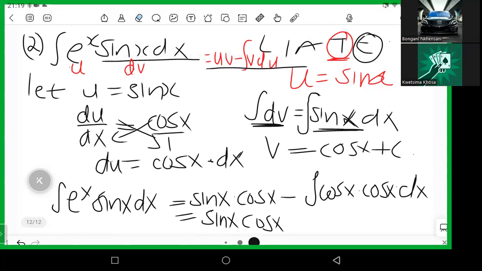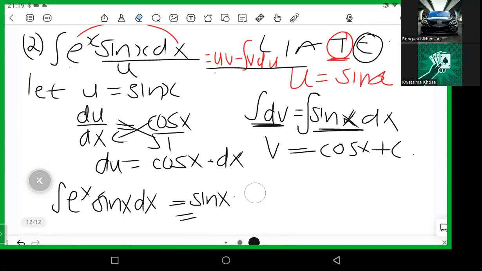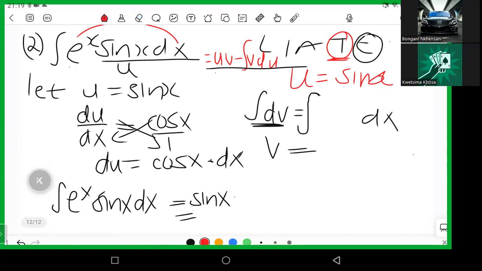Okay, u is sine x. U is this one, and then this one is supposed to be our dv. So yeah, let's fix this part. Dv is equal to what? E to exponent x dx.